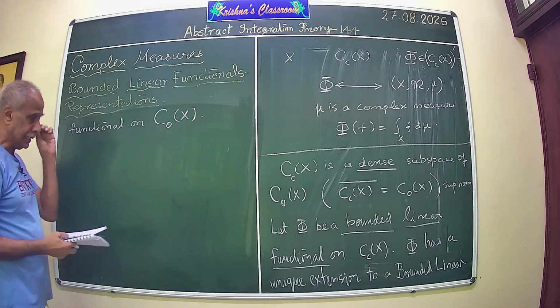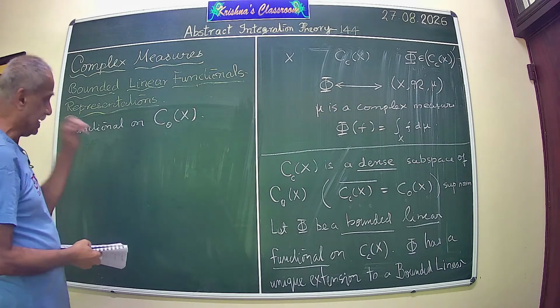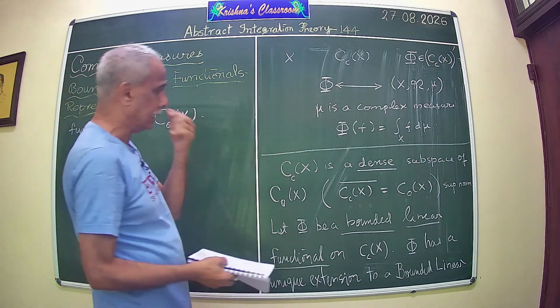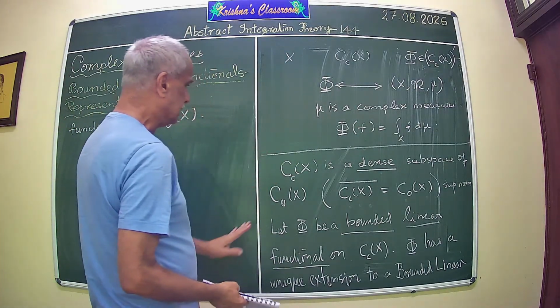How do you get that? Phi is a bounded linear functional on CCX.